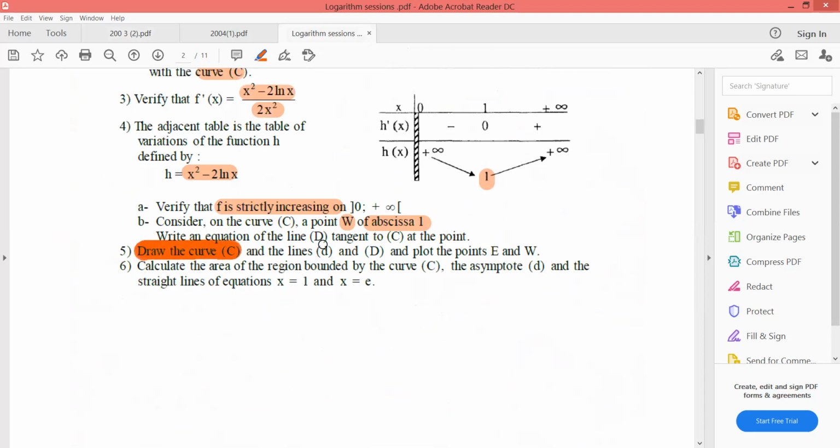Draw the curve C, the lines D and d, and plot the points E and W. Line D, what is the small line d? Line d is the oblique asymptote.